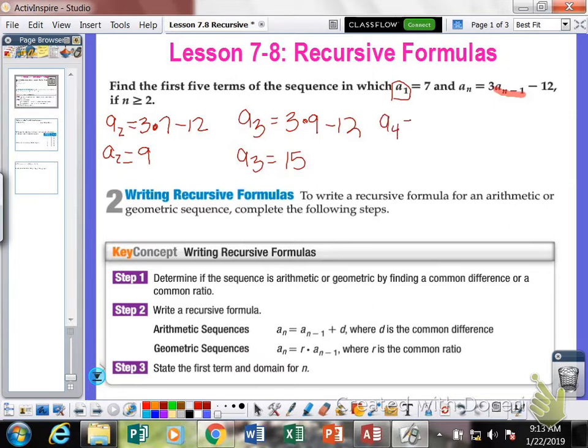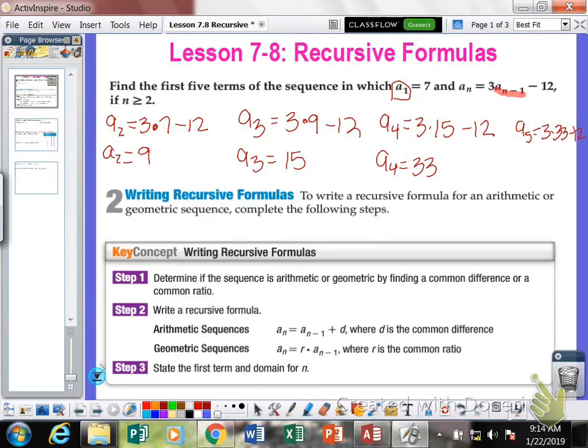A sub 4, same thing again, 3 times the previous term, 15, minus 12. So a sub 4 would equal 45 minus 12, which gives me 33. And then the last, because it says the first 5 terms, a sub 5 would equal 3 times the previous term, 33, minus 12.